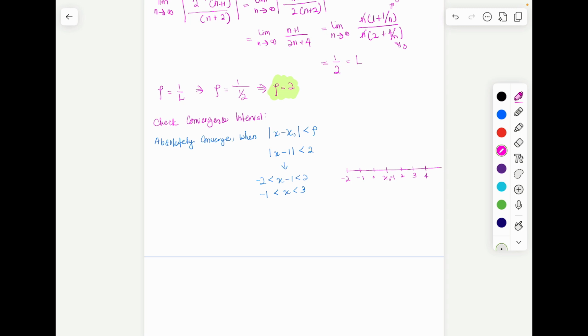So it converges absolutely when x is between negative 1 and 3. This is where the power series converges, at x from negative 1 to 3.